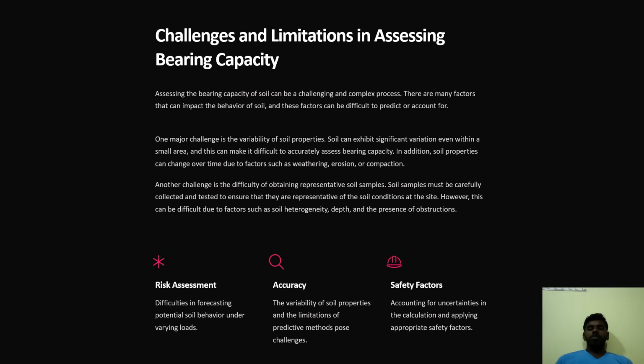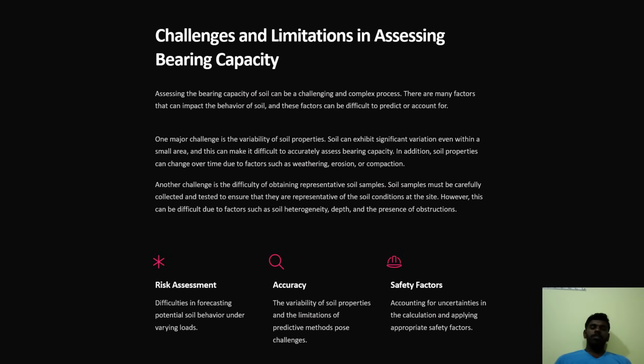Soil can exhibit significant variation even within a small area, and this can make it difficult to accurately assess bearing capacity. In addition, soil properties can change over time due to factors such as weathering, erosion, or compaction.